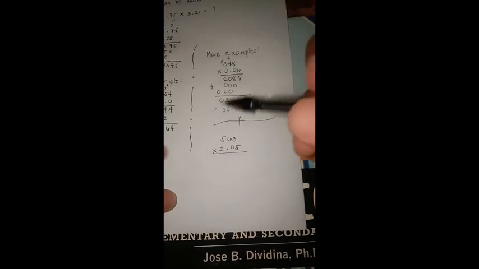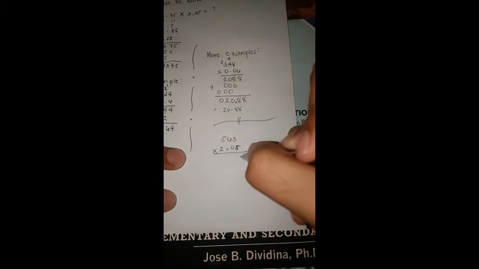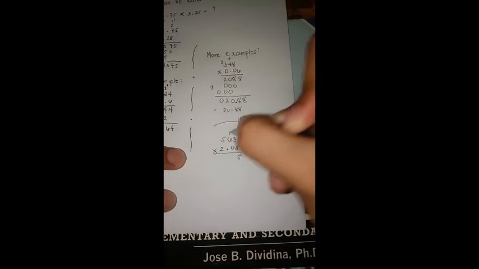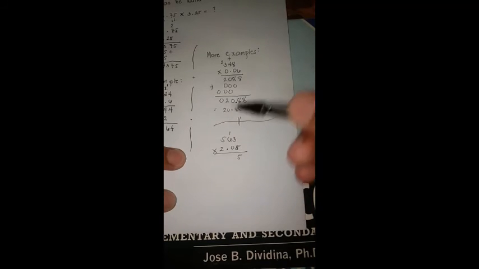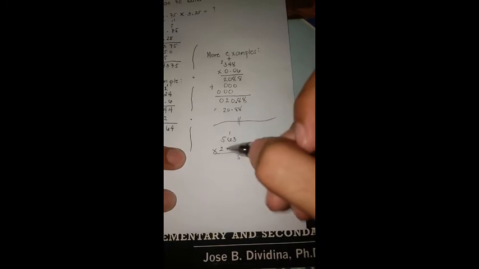Okay, so last example. So, meron tayo ditong 563 multiplied by 2 and 5 hundredths. So, multiply lang natin siya like yung normal. So, 5 times 3, we have here 15. Carry 1. So, 5 times 6 is equals to 30 plus 1 is equals to 31.